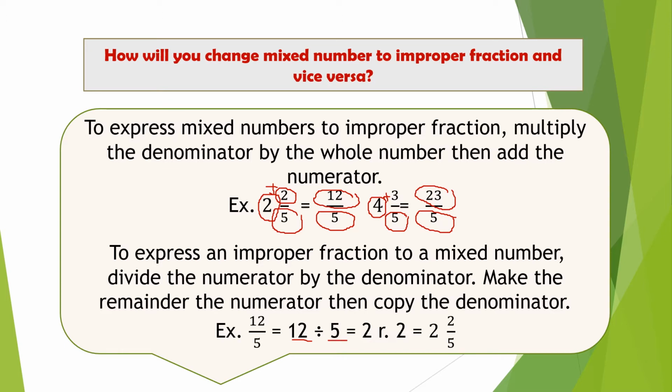So 12, the numerator, divided by 5, the denominator, the answer is 2, remainder 2. So 2 will be the whole number, the remainder 2 will be the numerator, then copy the denominator. So the answer is 2 and 2/5.